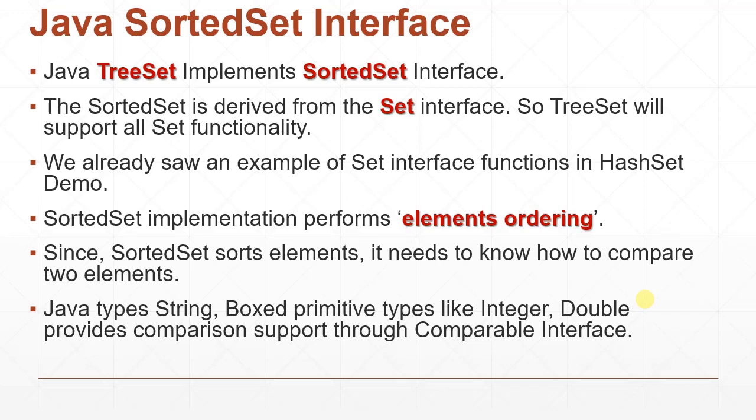Here we are going to look at the basic functionality of the TreeSet. So we are going to dig into the functionality offered by the SortedSet interface, which is implemented in TreeSet, and we will access that functionality in an Eclipse demo here.